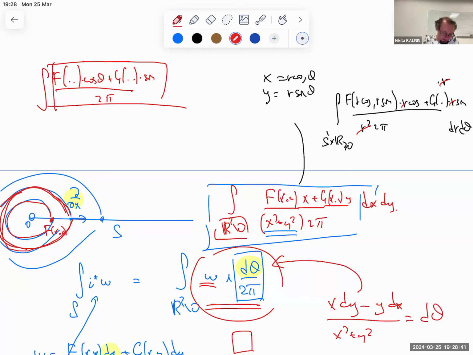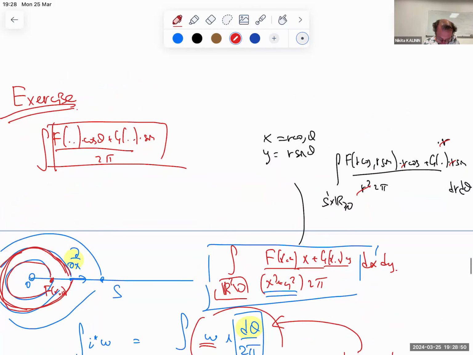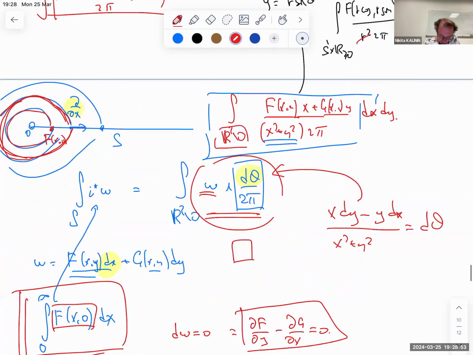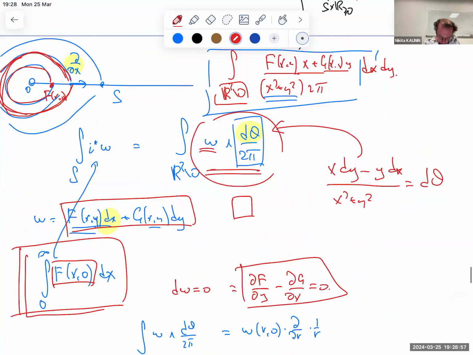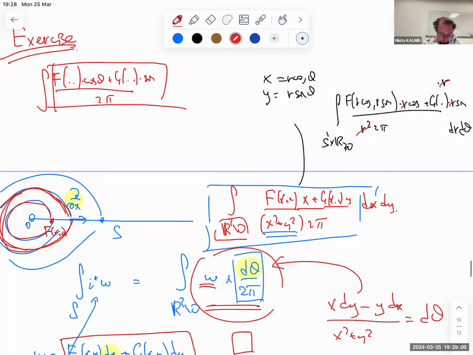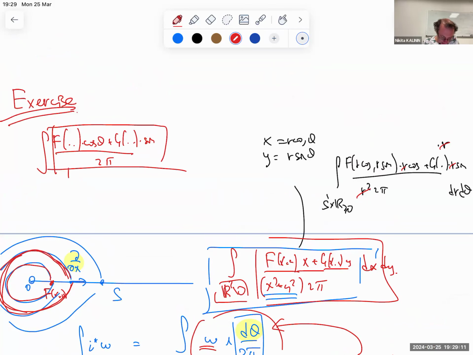Okay, so let's make this an exercise. You just need to finish the computations either in Euclidean coordinates or in polar coordinates. To mix all of them is maybe a good idea from an understanding point of view, but not a good idea from the point of view of computation. I think you can just find this integral by integration, right?